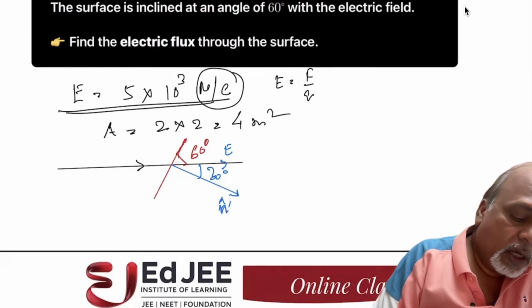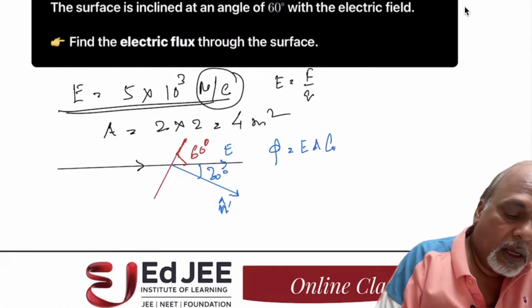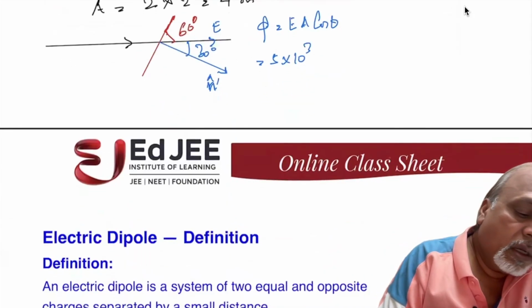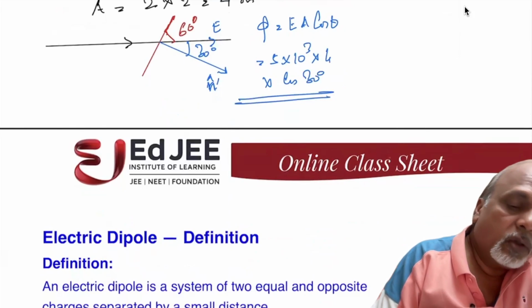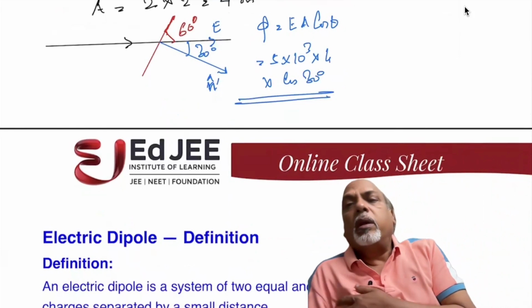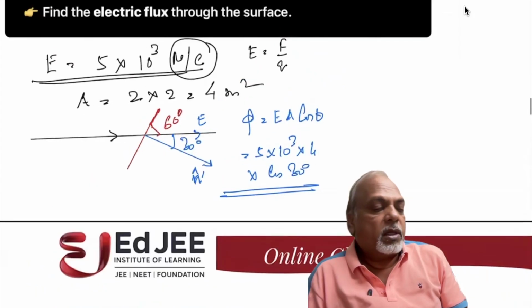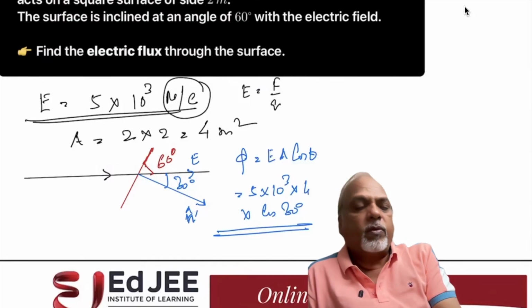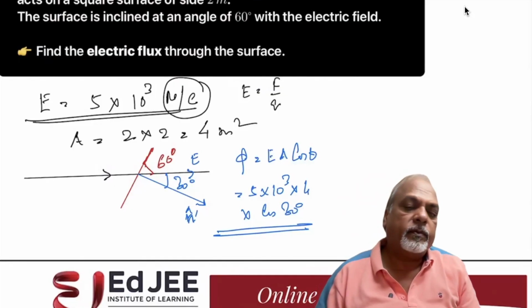So naturally, your flux will be E A cos theta, or you can say 5 into 10 raised to 3 into area 4 into cos 30 degree. So this is how you can calculate the flux passing through that area. This is the part of the chapter, that's why proceed. Correct?